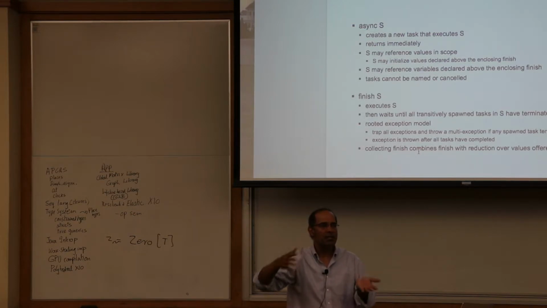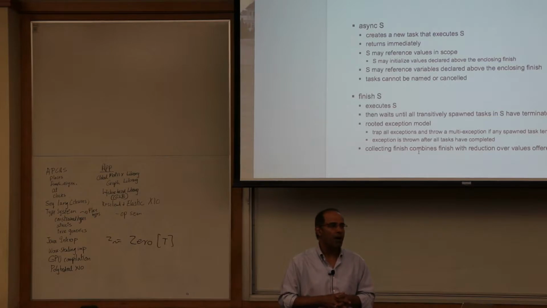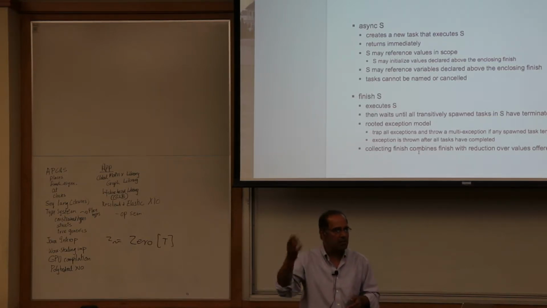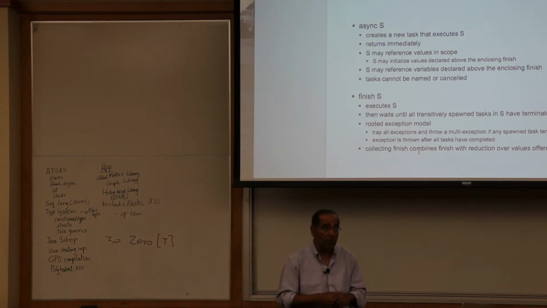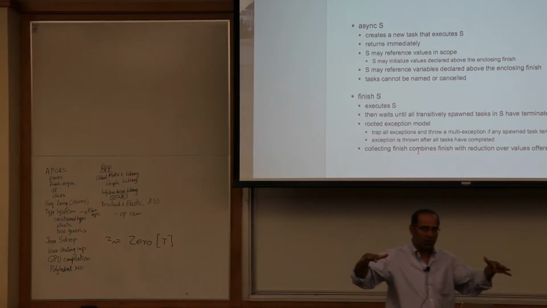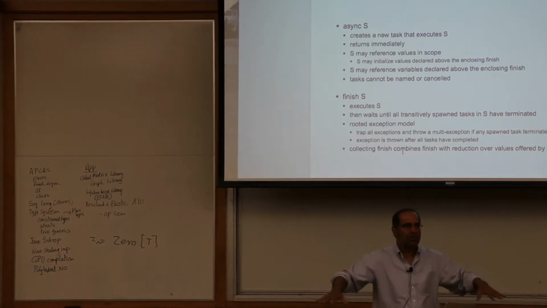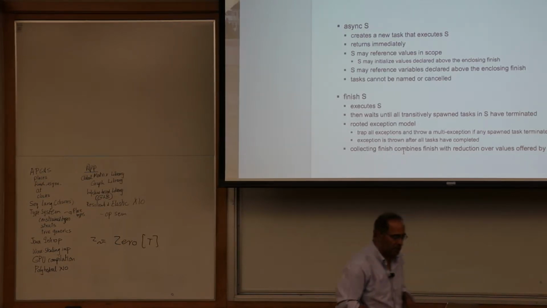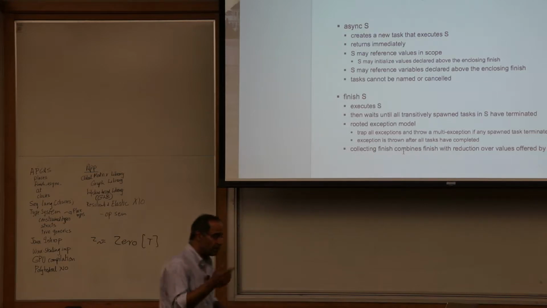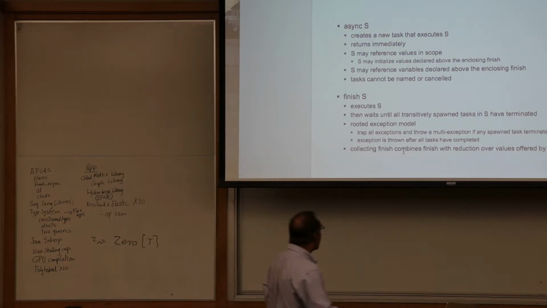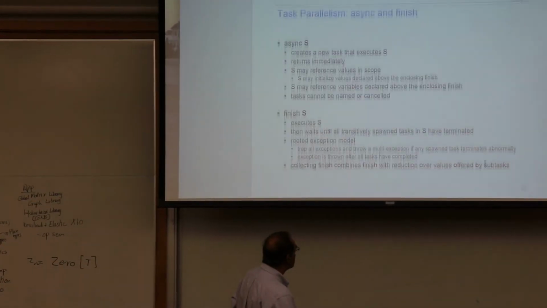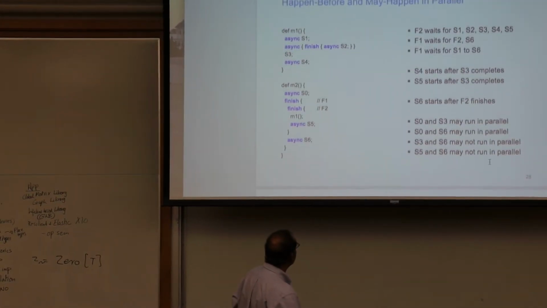These offers are all floating up into that reducer, and given some way in which they arrive, some serialization order, the reducer reduces these. They don't even have to go all the way up to the location. You can look at the way in which this branching tree structure was set up for these asyncs, and you can accumulate them as you go up that tree structure. So this is used fairly frequently. I have a bunch of code examples that show that. So that collecting finish can combine finish with reduction over values offered by the subtasks.